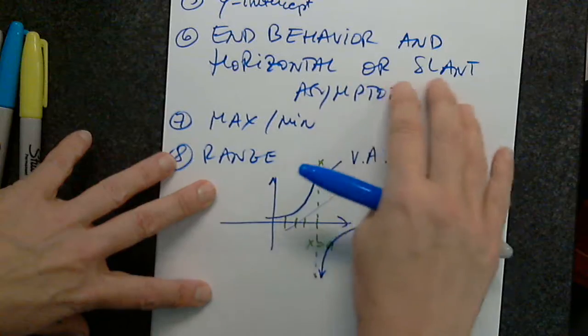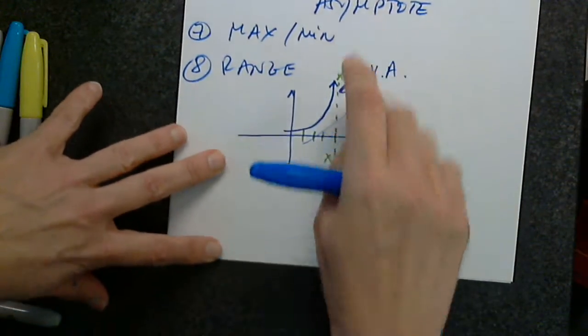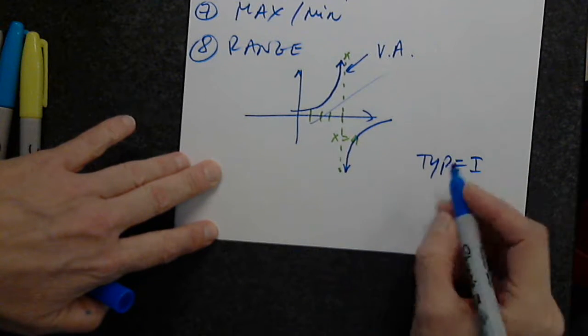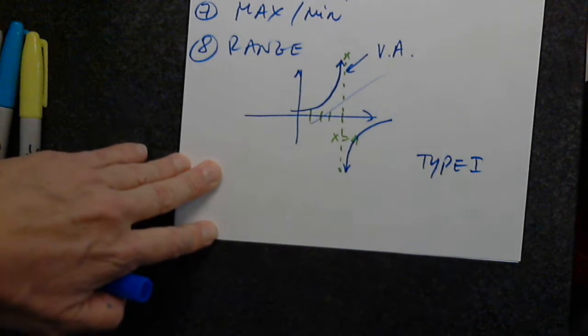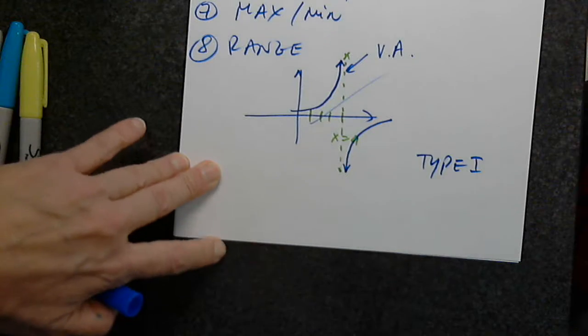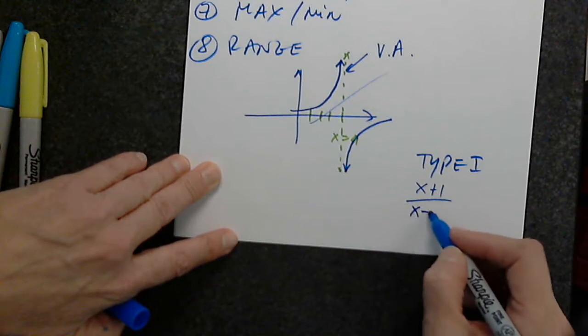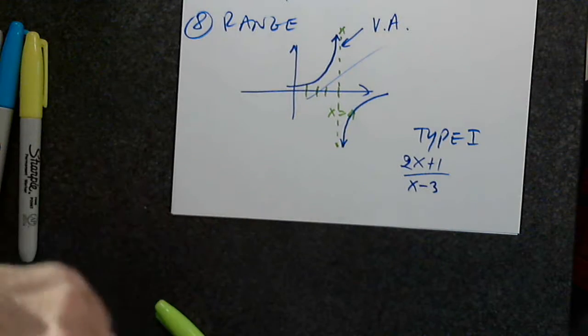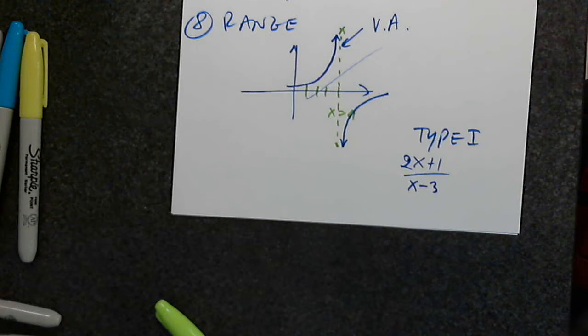Now let's talk about the end behavior or horizontal asymptote. A function like type 1, like x plus 1 over x minus 3, or let me change it, just to discuss the horizontal asymptote.